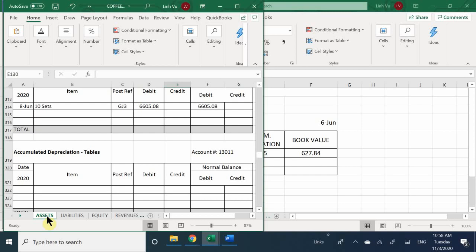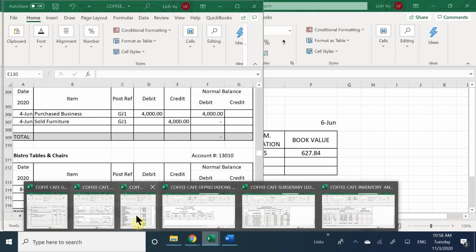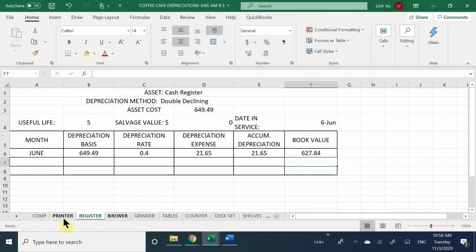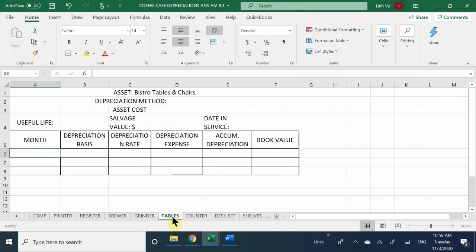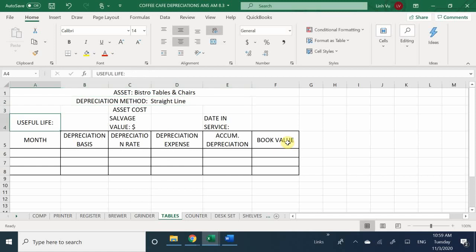Let's pull up the first one, which is tables, in our depreciation table. Register, brewer, grinder, tables. Here you go. My method is straight line, my useful life is 7 years, and my salvage value is 0, no residual value.